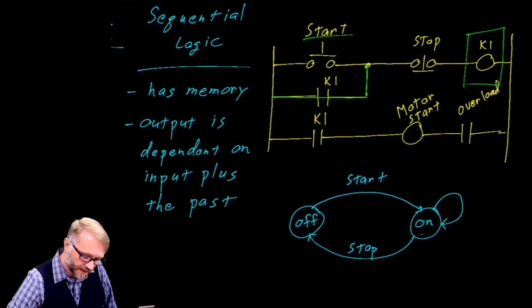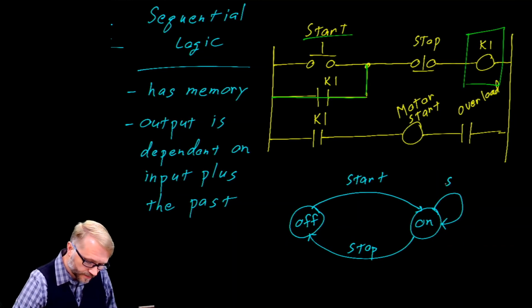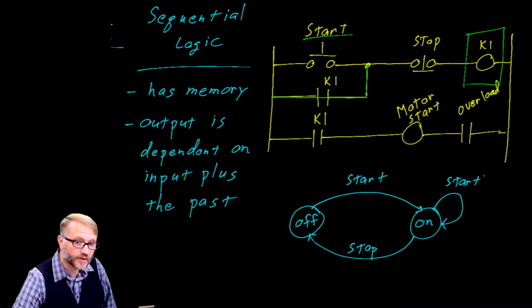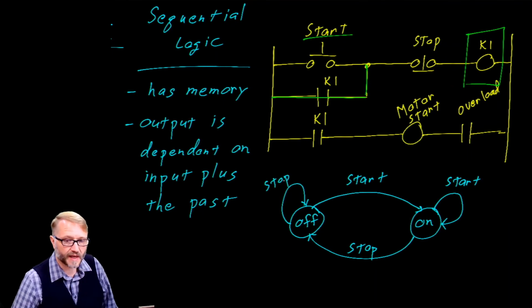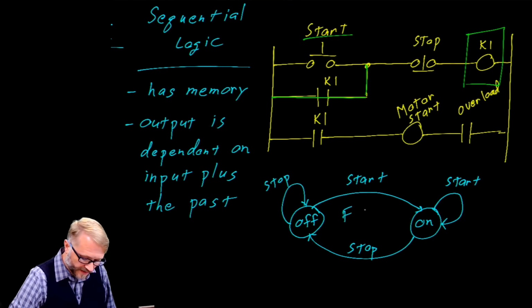If you are in the on state and you continue to push that start button, you will stay in the on state. If you're in the off state and you continue to push the stop button, you will stay in the off state. Okay, so this is what we call a finite state machine with states off and states on.